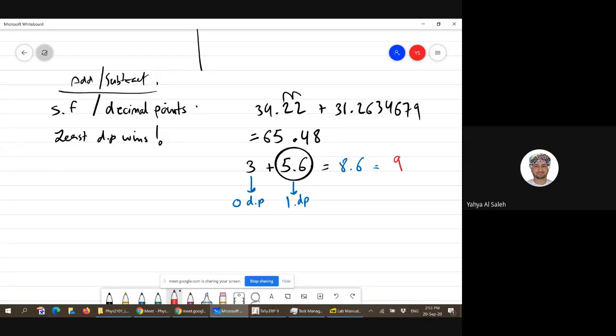It's 8.6. Why do I have to write 9? It makes no physical sense to me. And it turns out, although it might sound stupid for these very small numbers or very simple examples, it actually ends up being really important when you're doing larger calculations later on.